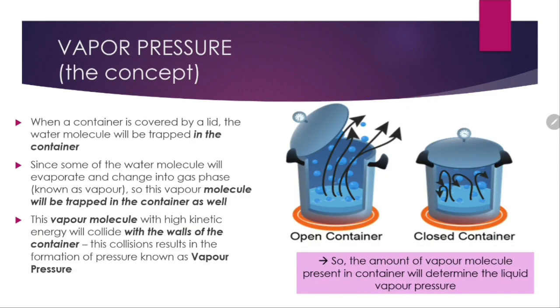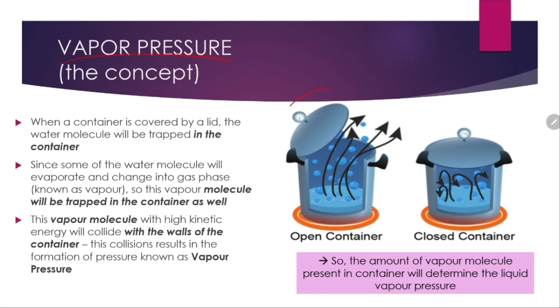So moving on, what is the importance of understanding the concept of evaporation? Because it relates to the concept of vapor pressure. So what is vapor pressure? The hint there is vapor and pressure.